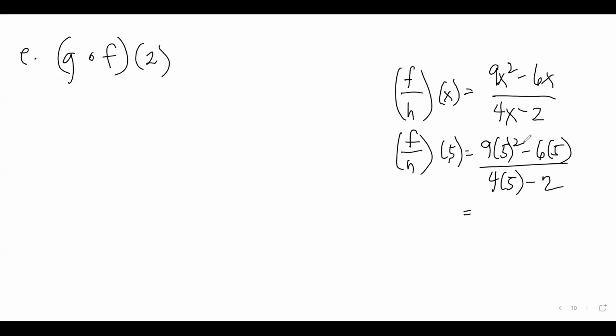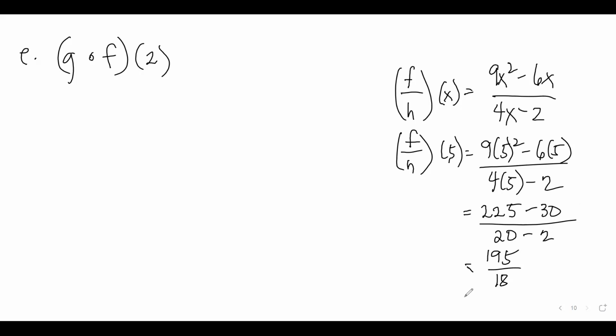What is 5 squared? 25. 25 times 9, ilan? 225, very good, minus 30 over 20 minus 2. That would become 195, tama? Over 18. Pwede ba i-lowest term?